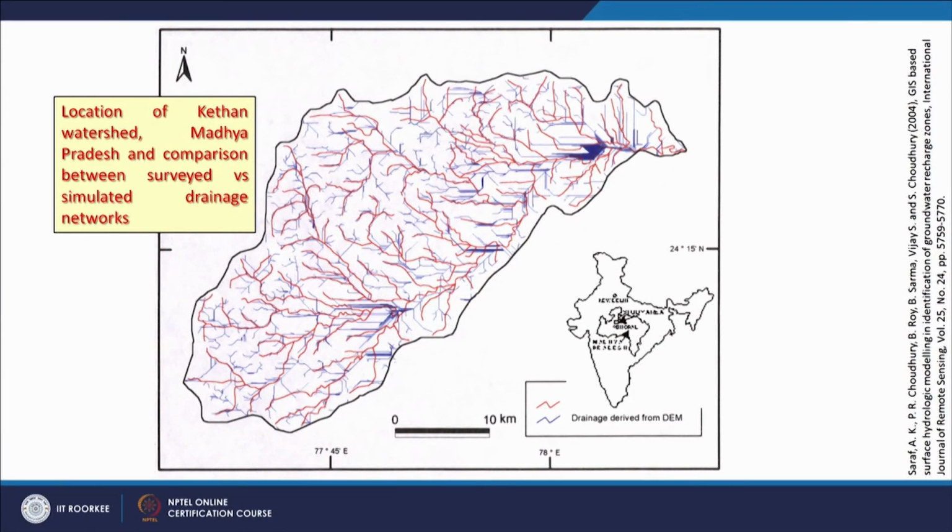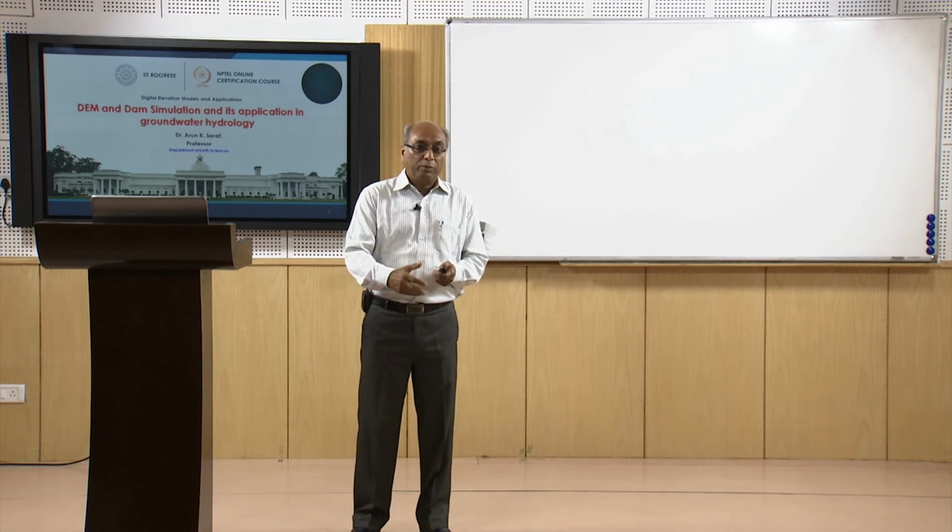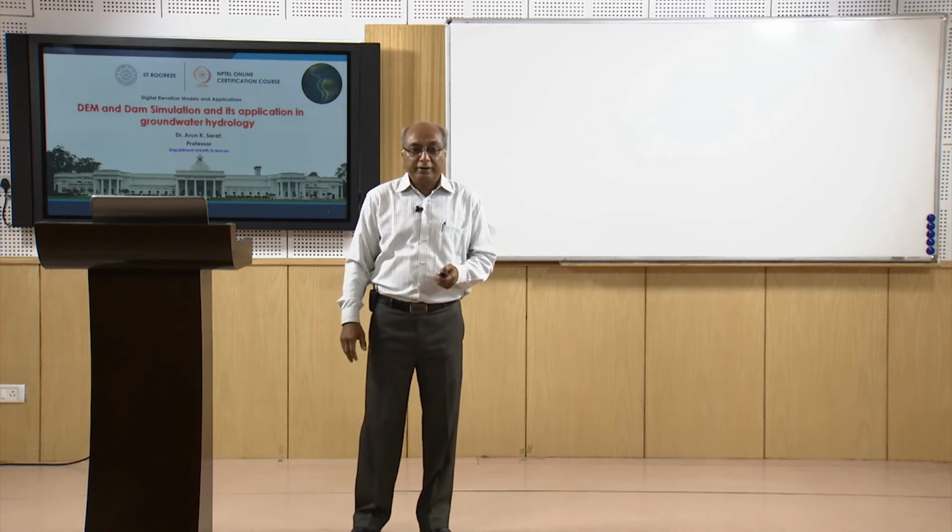So these are the sites which may be suitable. In another example, when we overlay the simulated drainage and natural drainage, the mismatches can be identified very easily. Wherever there are mismatches, that is a blessing in disguise; we can exploit those mismatches and find the probable suitable sites for groundwater recharge.